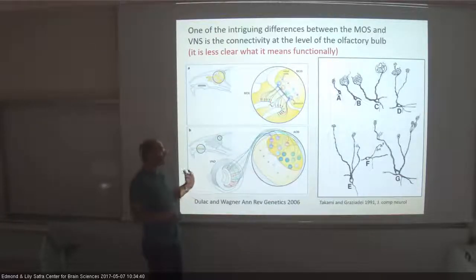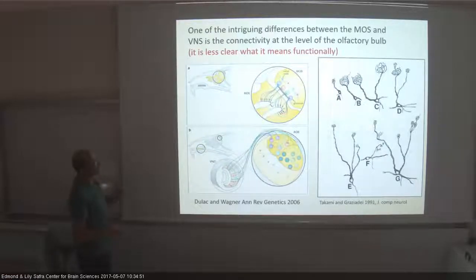It could mean that the mitral cells will only fire when all of the glomeruli are active, some kind of an AND operation, but it also could be some kind of an OR operation, meaning that the mitral cell may be active when any of these glomeruli is active. So we don't really know, but we know that it's different, and it can give rise to something a bit more complicated at the level of the olfactory bulb.